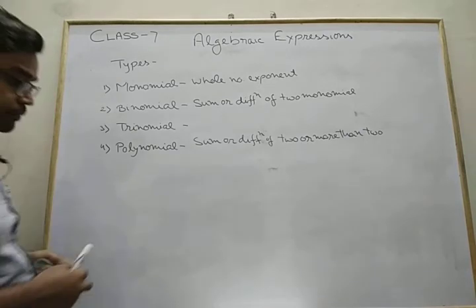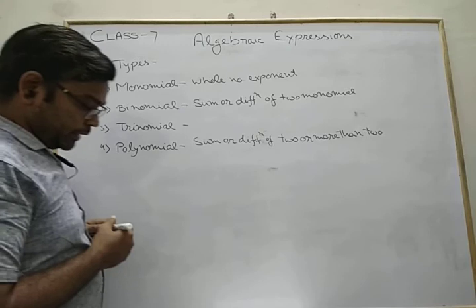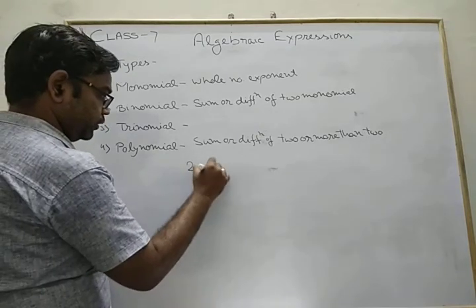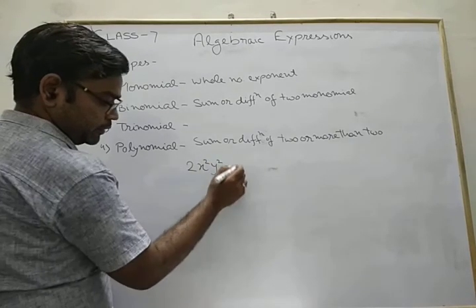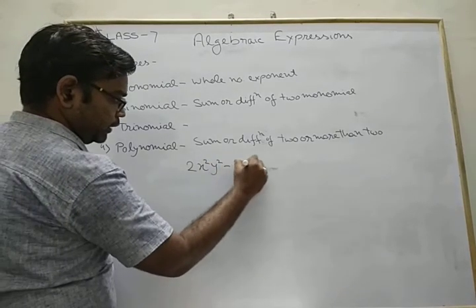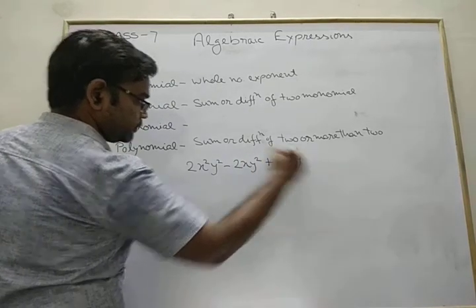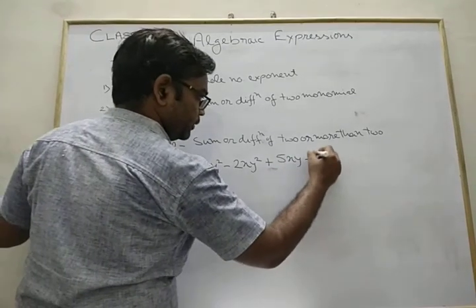Suppose we take an example. Now you are able to understand. I am taking the biggest one: 2x square y square minus 2xy square plus 5xy plus 5.